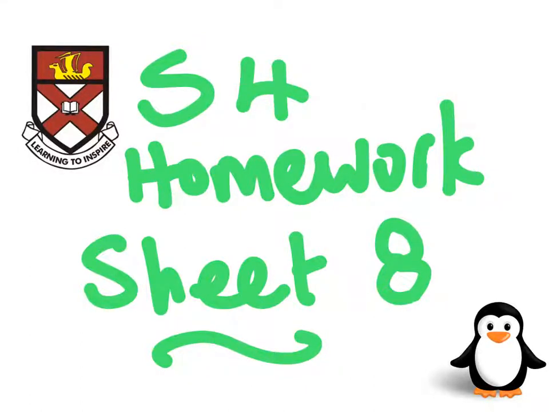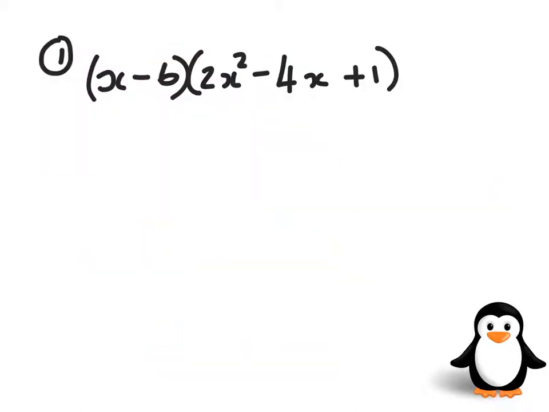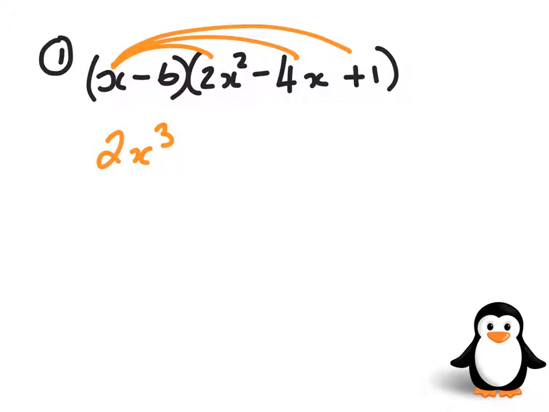Okay, here is homework sheet 8, some help. First question, to remove some brackets. Well, we know that we're going to do x times the 2x squared to give us 2x cubed, x times the 4x, and then x times the 1.